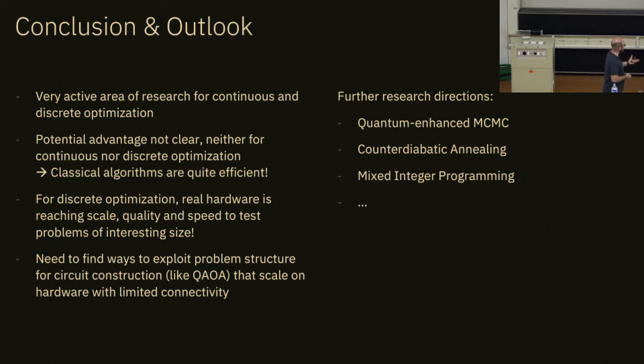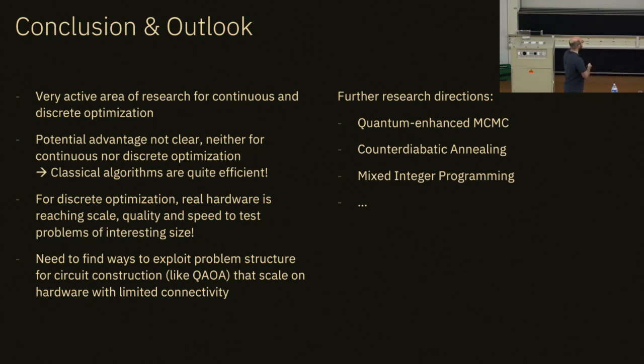I mentioned three algorithmic primitives, and not all others. You might have seen some recent papers about quantum-enhanced Markov chain Monte Carlo, which can lead to some polynomial speedups. There are proposals around counter-diabatic annealing. What this means is you have your annealing setting, but you add additional terms to your mixer Hamiltonian that suppress the jump to excited states, so you can anneal faster.